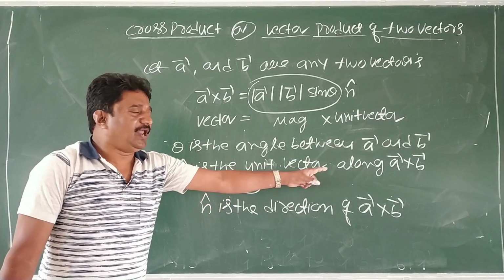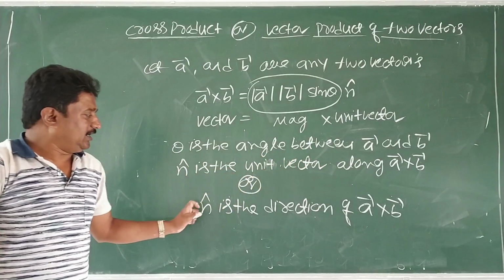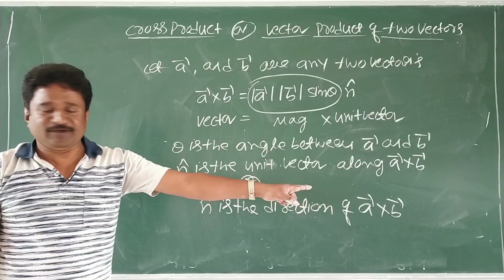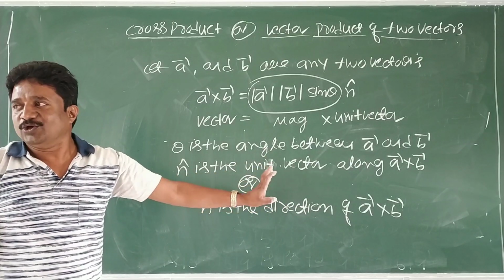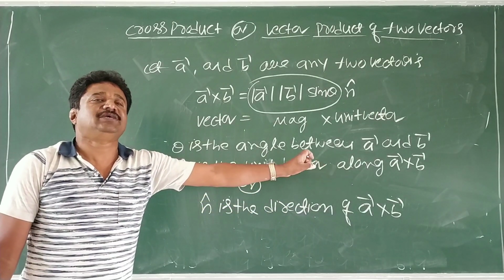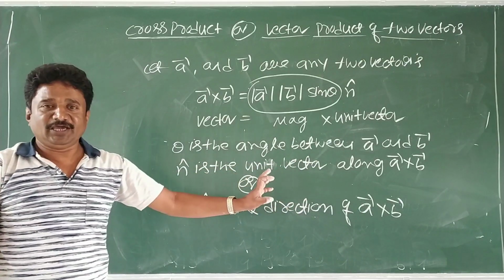The unit vector along A cross B is the same as the direction of A cross B.